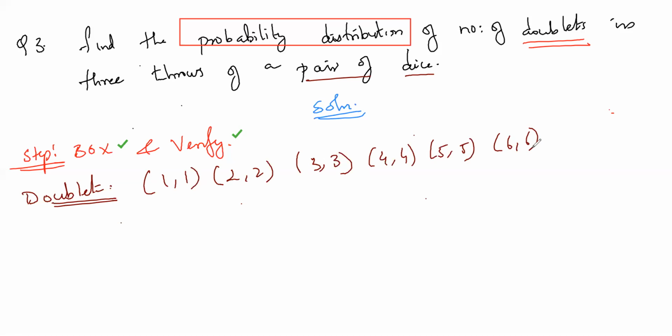Correct? If I'm getting the same number on the throwing of a pair of dice, pair means 2 dice, if I'm getting the same number on both the dice, that is called a doublet here.